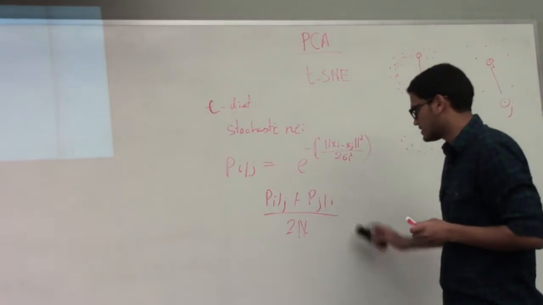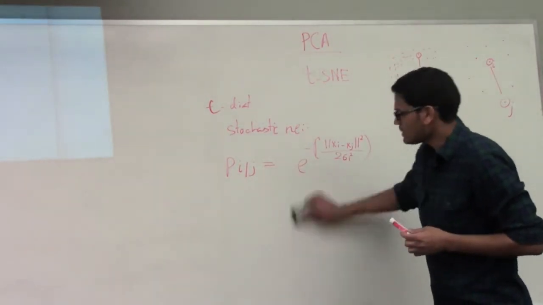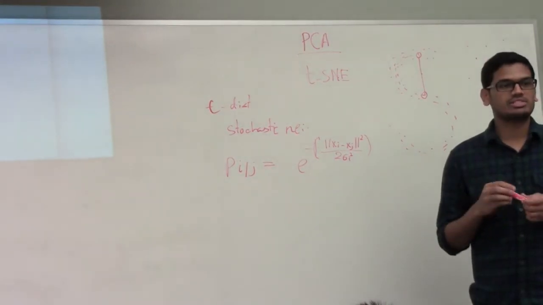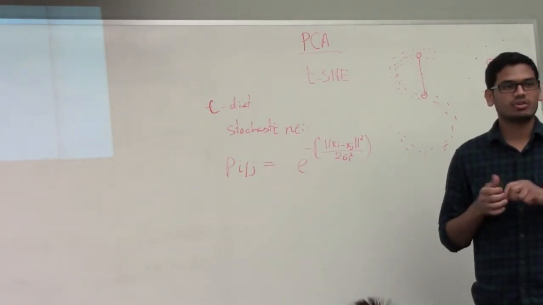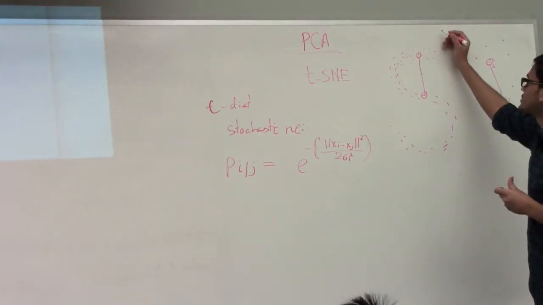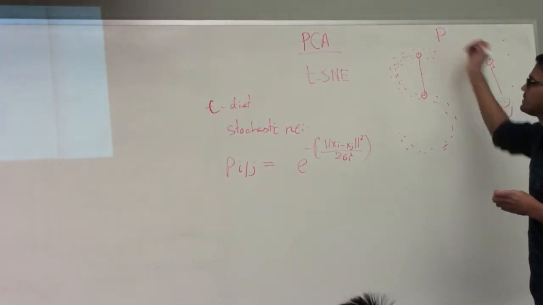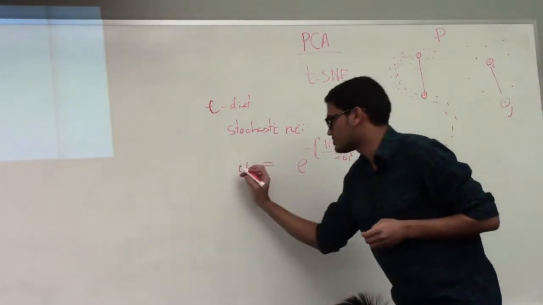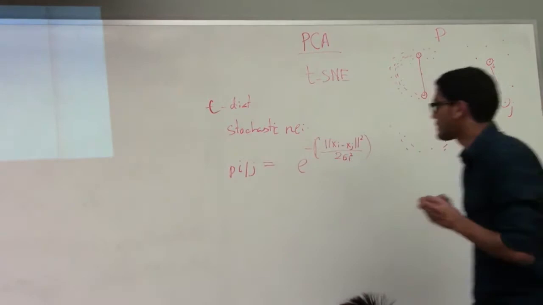So this is how they get the similarity. So basically, we have a probability distribution which represents the similarities of points in this high dimensional space. Let's call the probability distribution capital P, and we'll denote these similarities with small p.